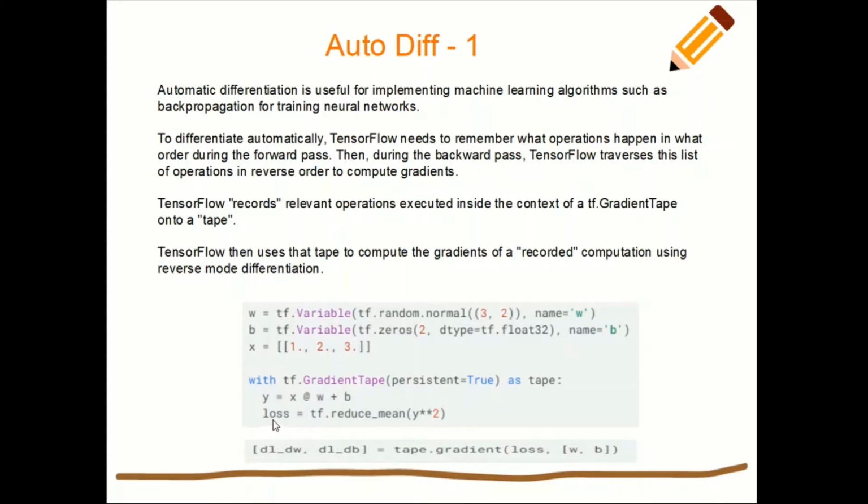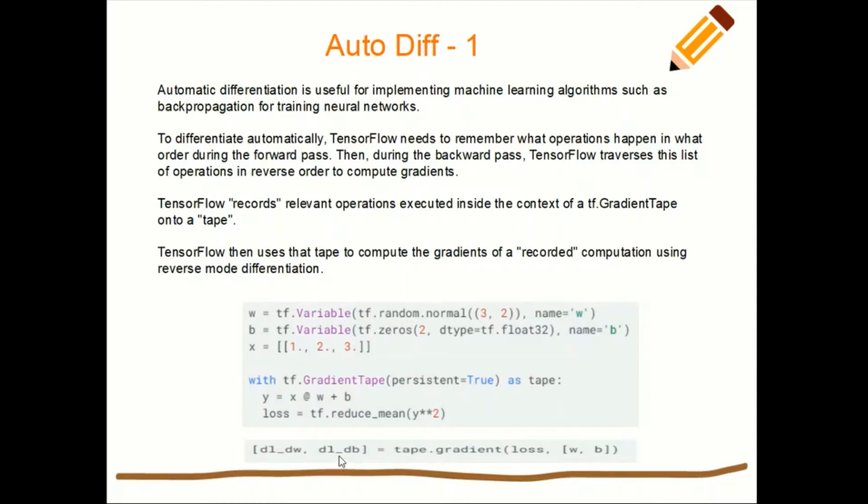Once the loss is calculated here, we use tape.gradient and pass the loss and a list of the variables with respect to which we want to calculate the gradient. Here we can see that there are two gradients being calculated. One is the gradient for the weight and one is the gradient for the bias, right?